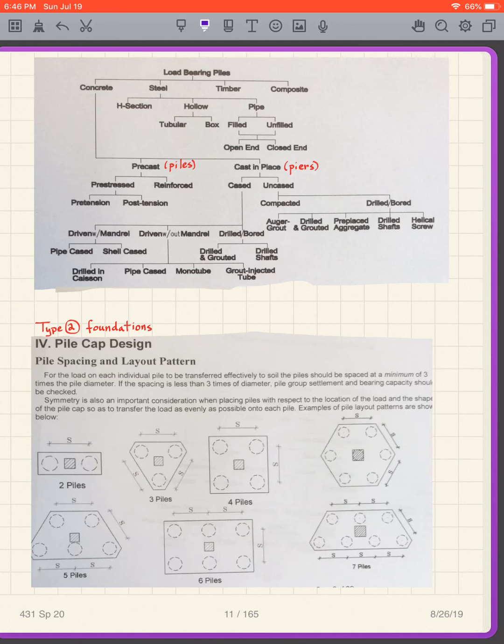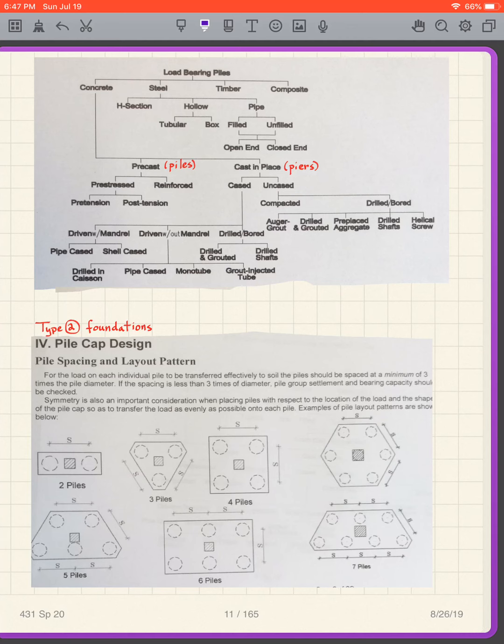Just a little chart about piles and piers and deep foundations. Let me just talk about this briefly. There are lots of them. In a nutshell, I show this because there are lots of them in a practical sense.